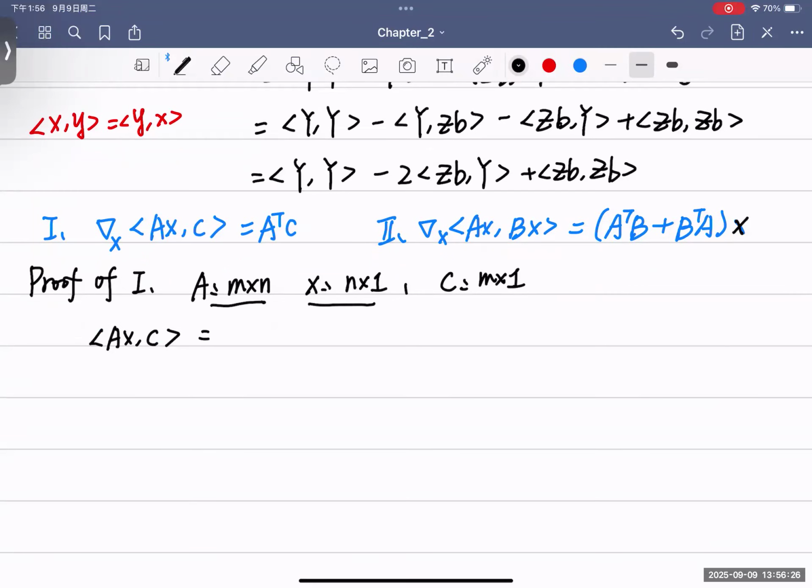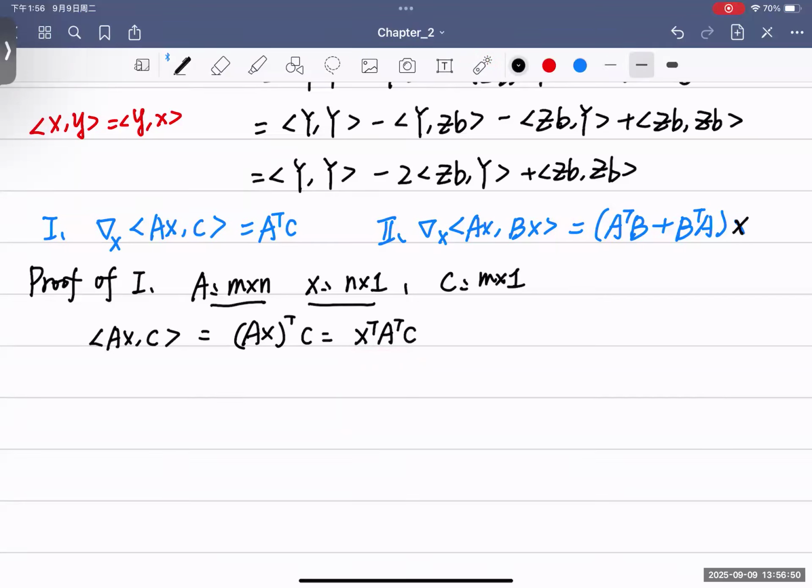First of all, based on the definition, this term becomes (Ax) transpose times c, which is x transpose times A transpose c.